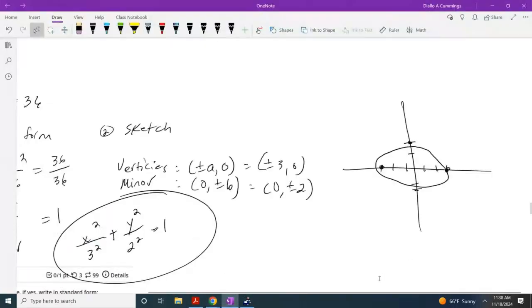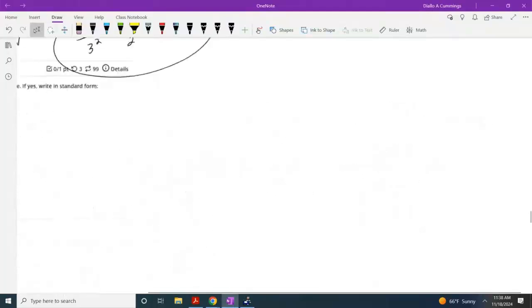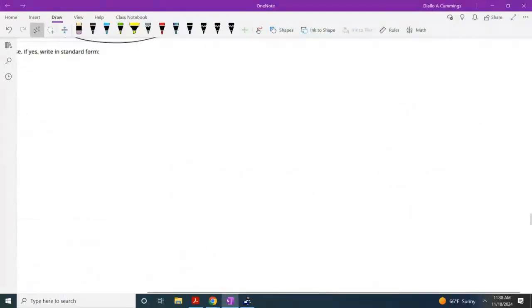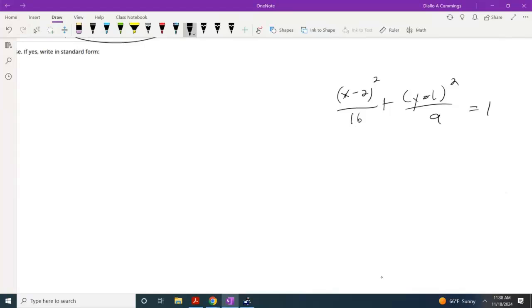All right, so we take a look at number 6. x minus 2 quantity squared over 16 plus y minus 1 quantity squared over 9 is equal to 1. The first thing I have to do here is find the center. In the problems before, the center was the origin.